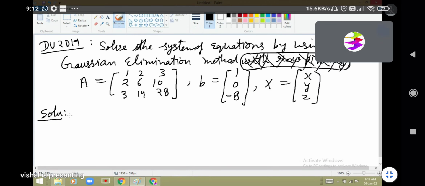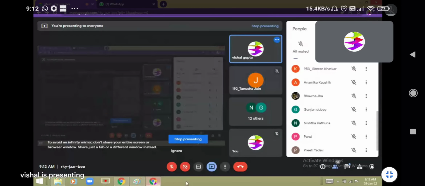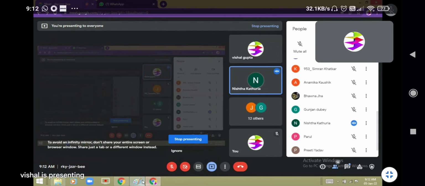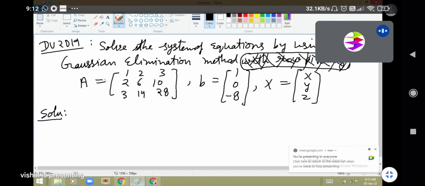So how we will solve? Before solving this question, do all of you know the operations in the row? Row operations. All of you know row operations. What are the row operations? Does anyone know? Nishita, all of you know what you said? Okay, so let me revise. There are three row operations which you apply.